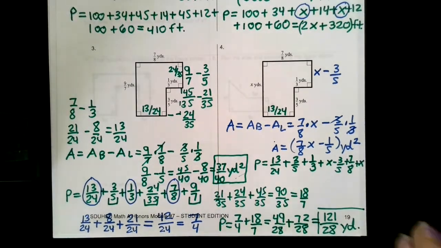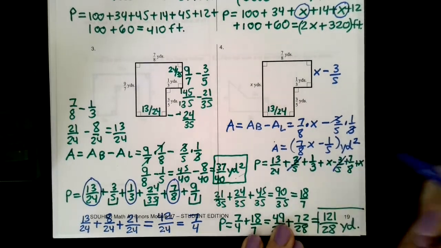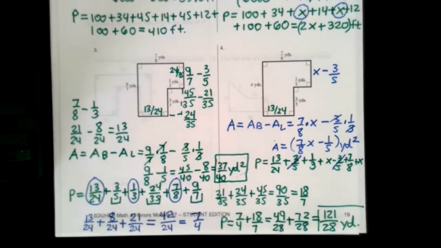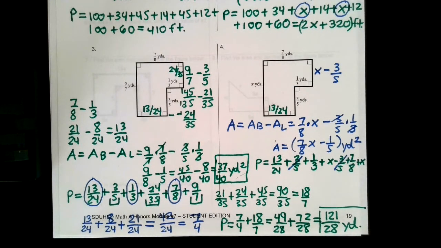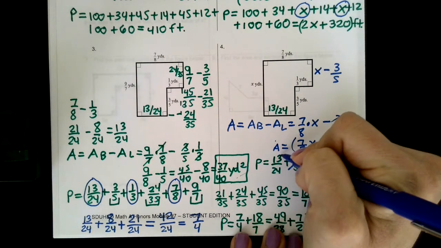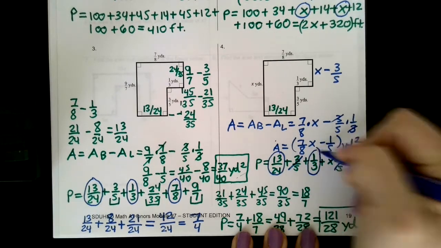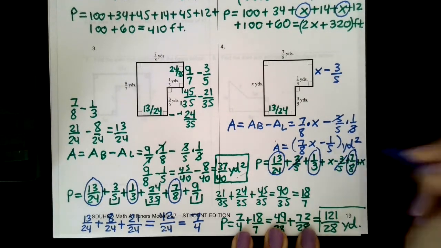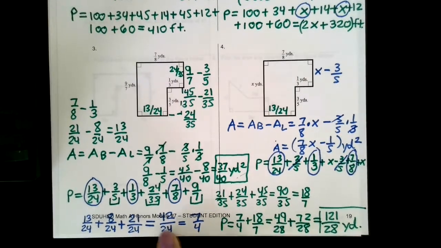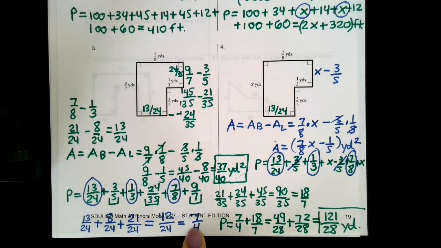The nice thing about this is the 3/5 will cancel because one is negative and one is positive. And I've already added together the 13/24, the 1/3, and the 7/8 from a previous problem. All of that added up together gave us 7/4.